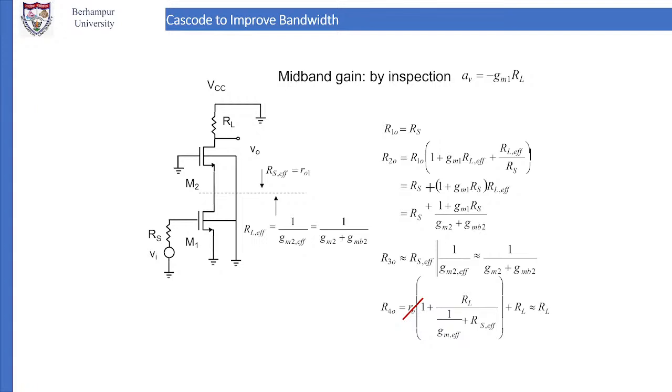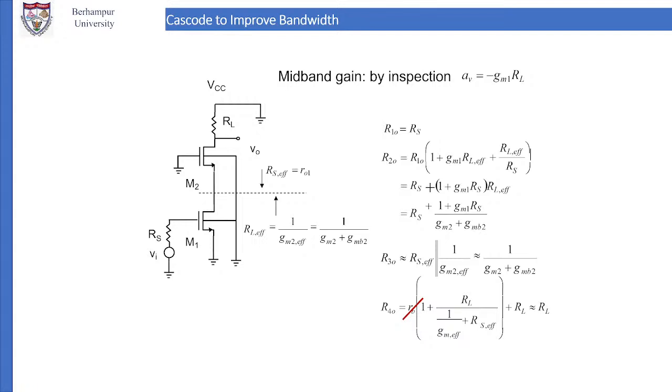In this, the midband gain AV is equal to minus gm1 into RL. And the analysis is shown here. I am not going to explain it, you can easily understand. R10 is equal to RS here, R20 is equal to RS plus (1 plus gm1 RS) by (gm2 plus gmb2).